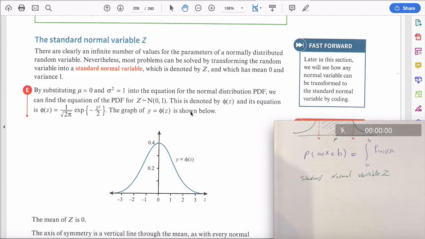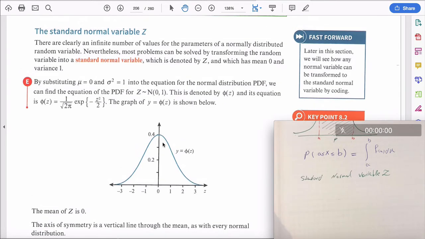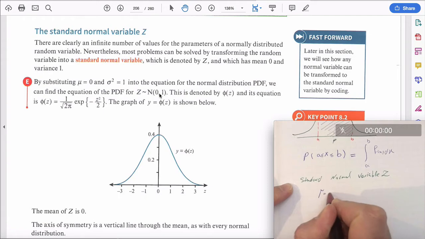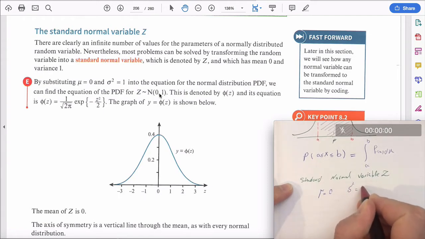Now, consider the case that your random variable has normal distribution and the normal distribution is a standard. What does it mean, a standard normal distribution? A standard normal distribution is the case in which z has normal distribution and mu must be 0, and variance must be 1.